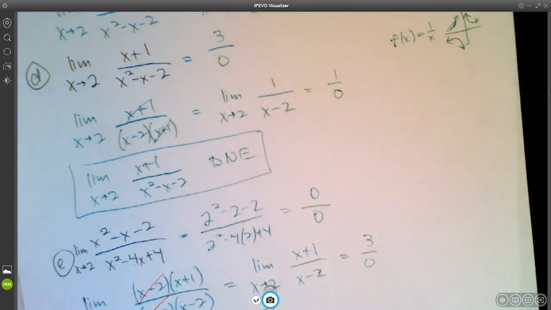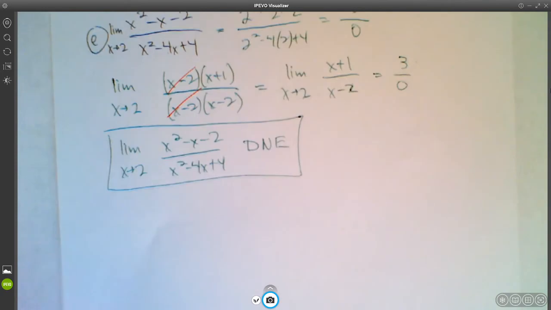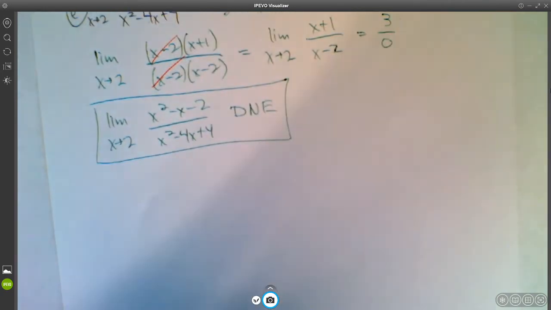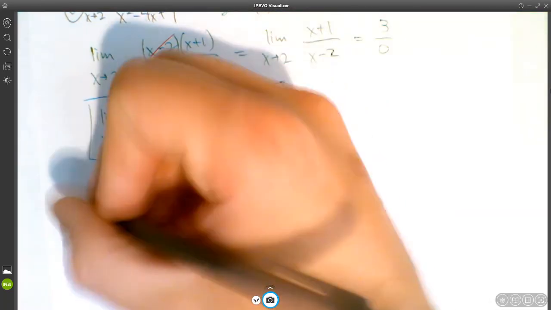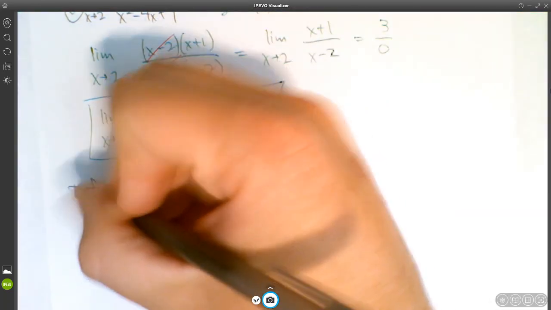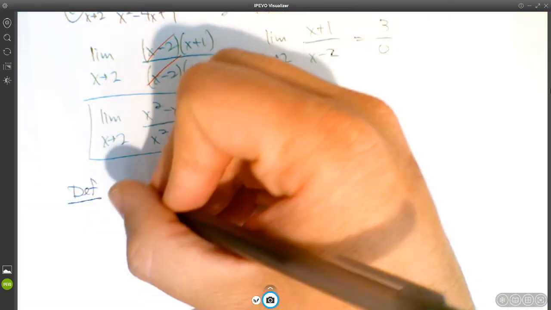One thing that I should say is that this 0 over 0 business turns out to be pretty important, as you can see. So let's call it something. So I'm going to give you a definition now.